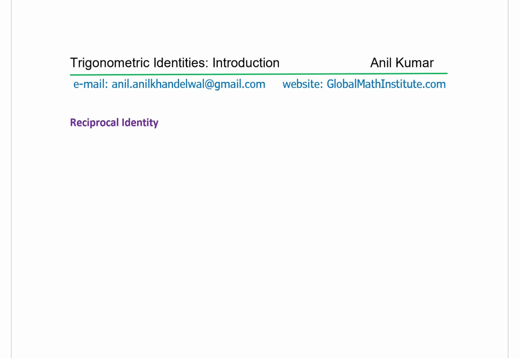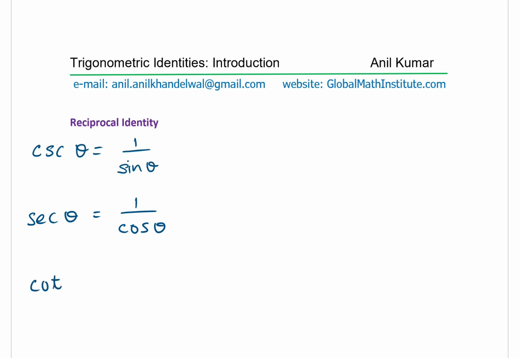Now let's talk about reciprocal identities. We have three reciprocal identities. One is cosecant theta is equal to 1 over sine theta. Then we have secant theta as reciprocal of cos theta, and cotangent theta as reciprocal of tan theta.